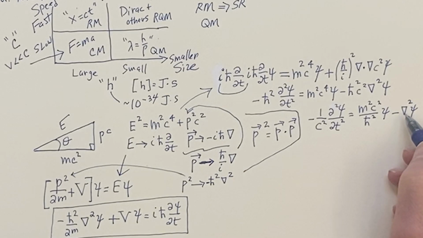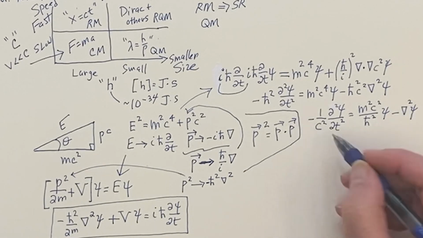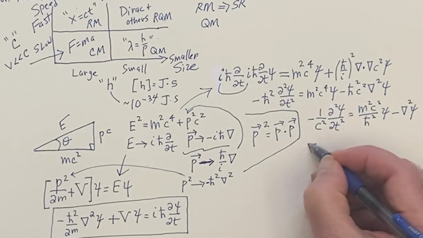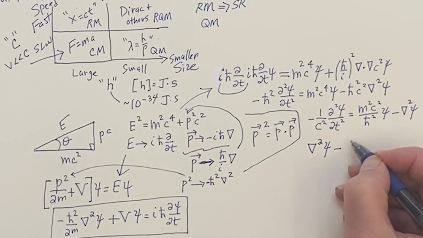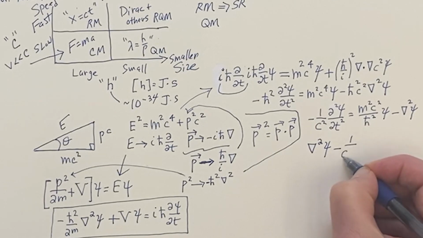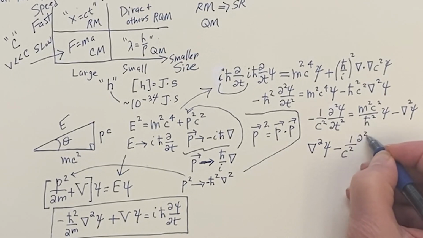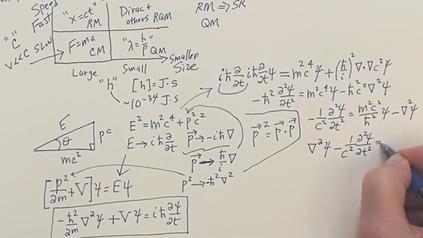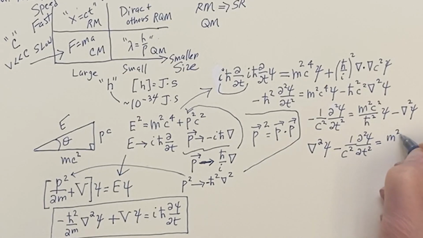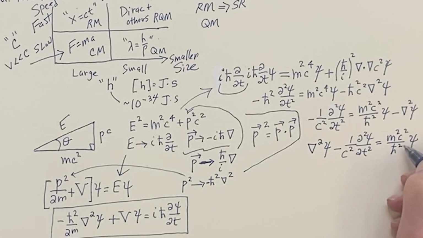Okay, now I can bring this on the left-hand side and have this cool equation, minus, and see how the c with the t there, isn't that nice? Relativity. And the right-hand side is m squared c squared over h bar squared psi.